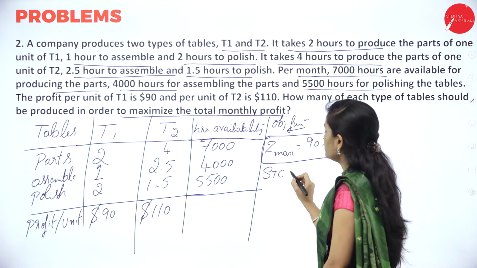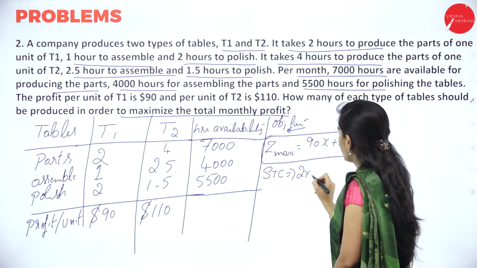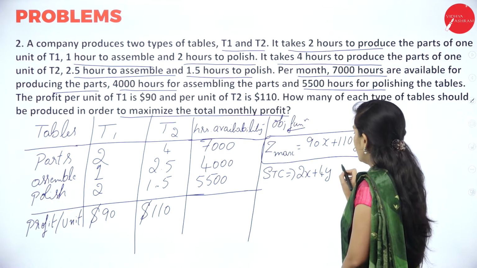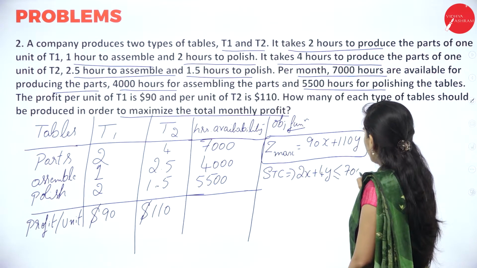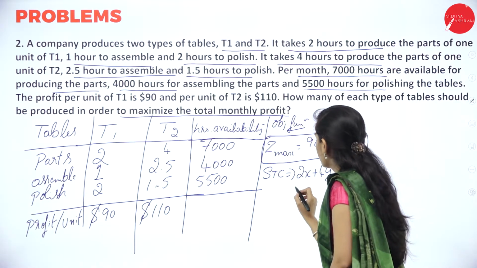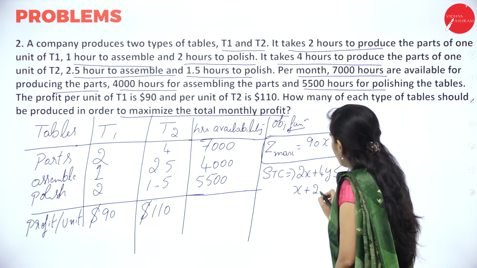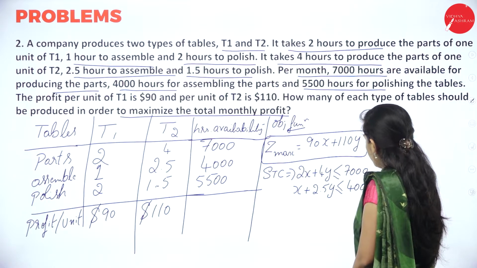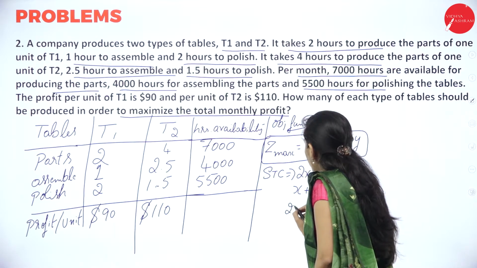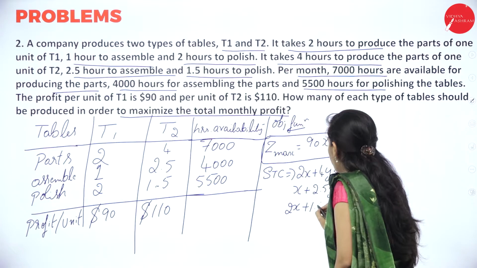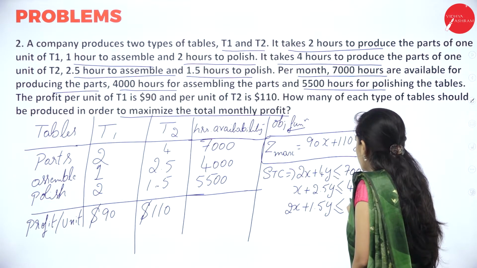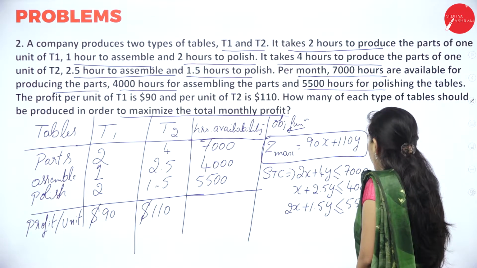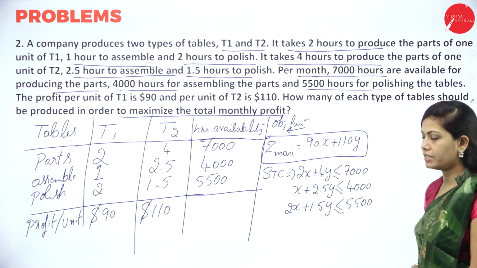I'll write the constraints: 2x plus 4y less than or equal to 7,000 and x plus 2.5y less than or equal to 4,000 and 2x plus 1.5y less than or equal to 5,500. So these are the constraint values.